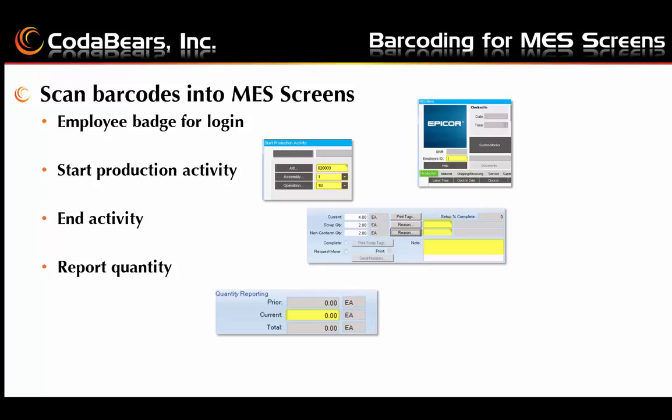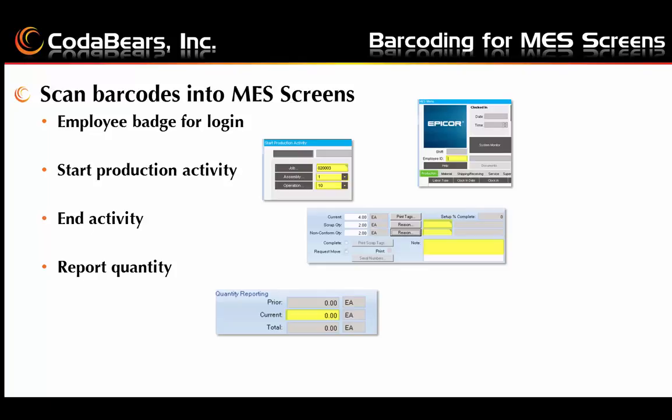So there you could scan in those reports that we did earlier that show the employee ID as a barcoded scan. You might give your employees a lanyard with their picture and their employee ID to be able to scan in to log in to MES.